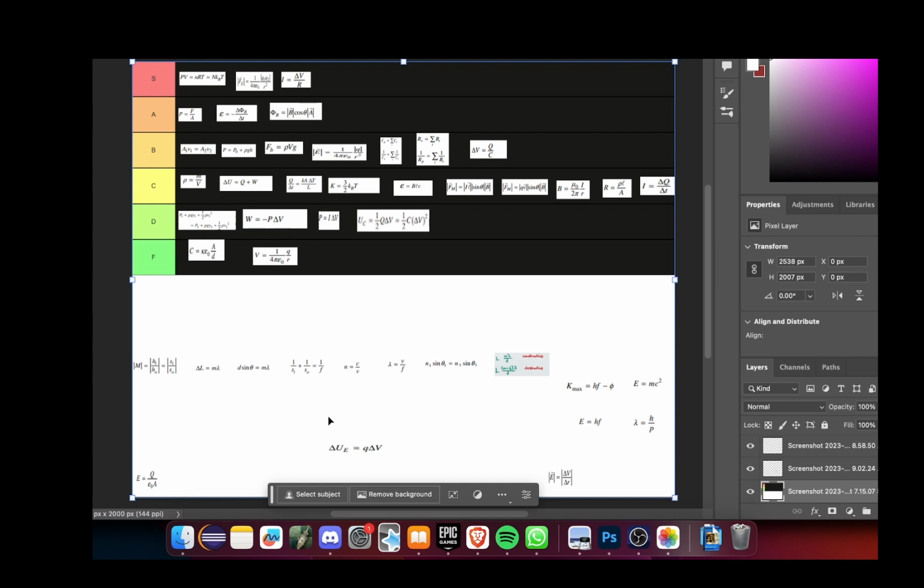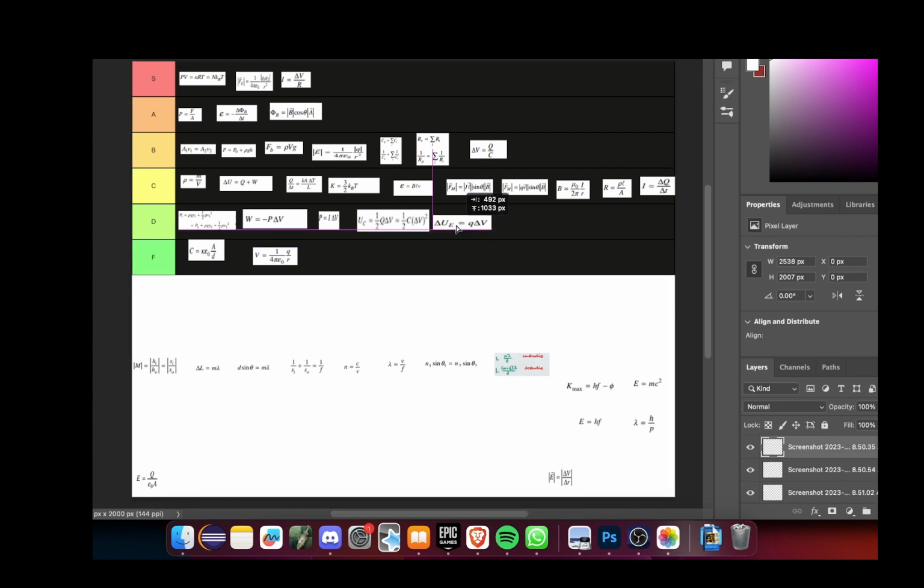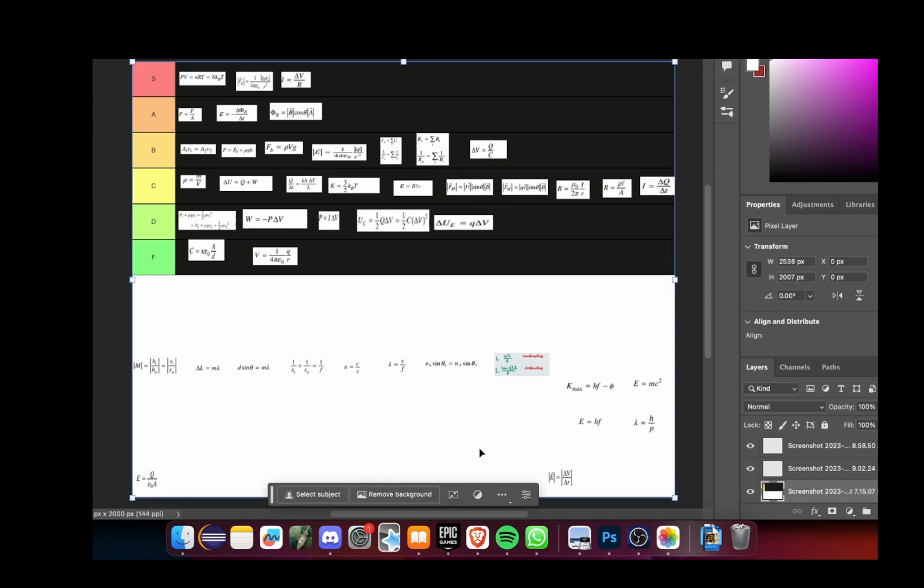I would say D tier. That's fair. I don't have any strong feelings about it. I know it's important, and I know I've used it. Out of the equations that are up here, if we're sorting them by importance, it's pretty low.